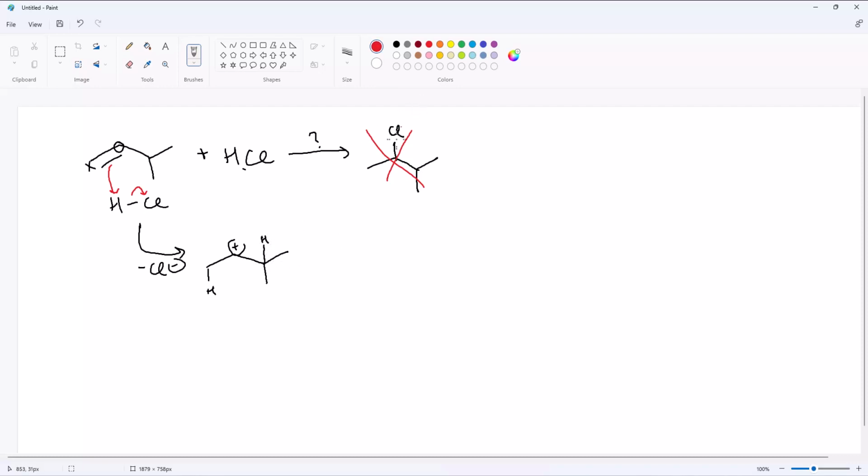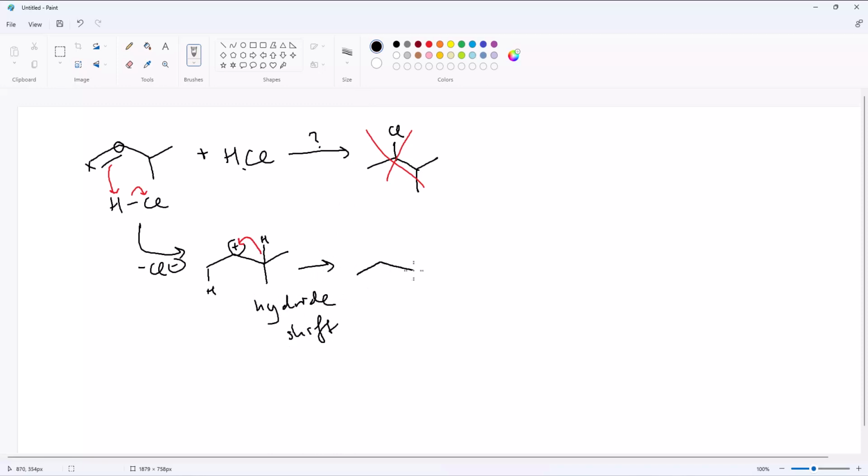And as we've mentioned previously, if a hydride or an alkyl shift can occur to stabilize the carbocation intermediate, it will occur. So in this case, if we take this hydride and shift it over one, so this is our hydride shift.